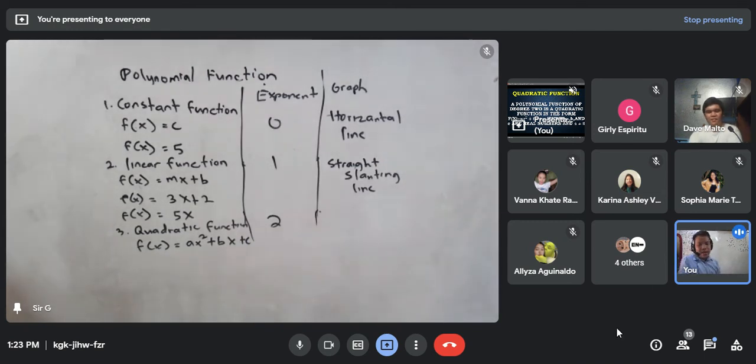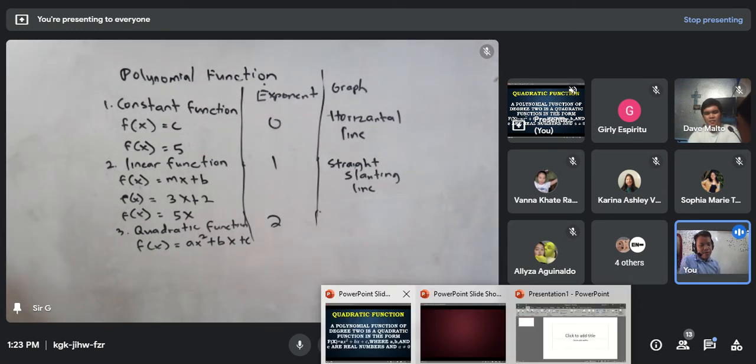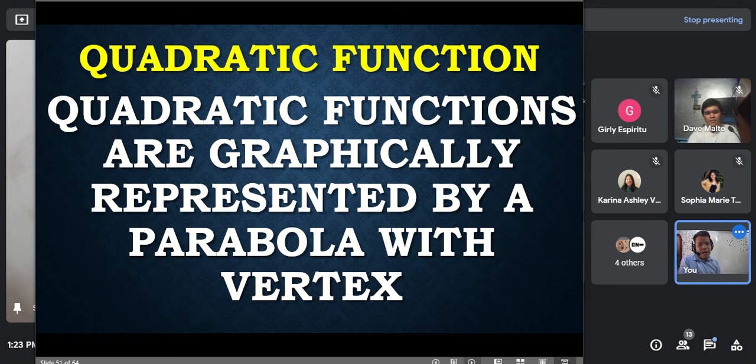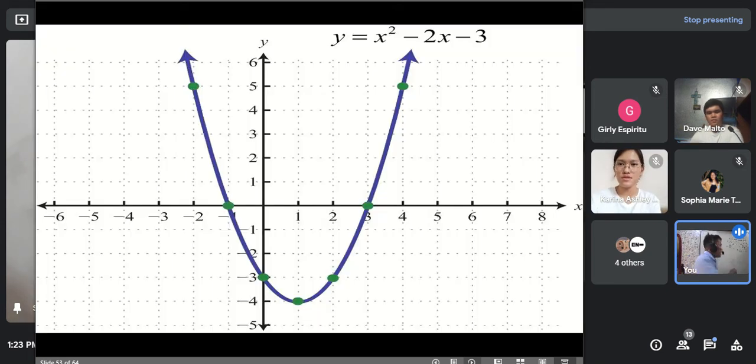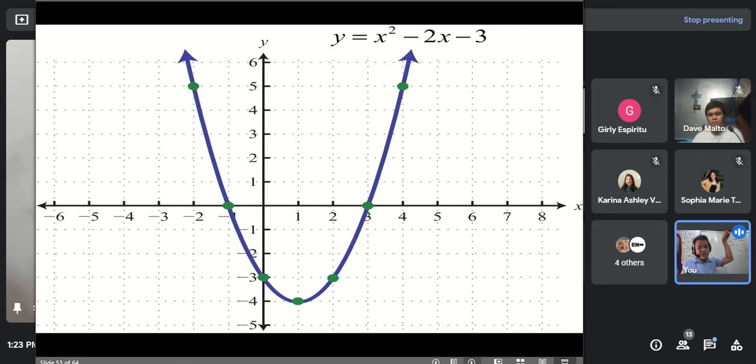Okay, yung quadratic function, tingnan nyo dito sa PowerPoint. So, it is represented by a parabola with a vertex. So, ang tawag sa graph ng isang quadratic function is parabola. Pag sinabi natin parabola, payu siya, at hindi naman straight.